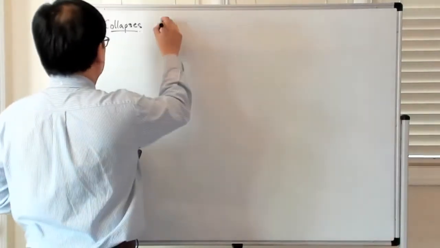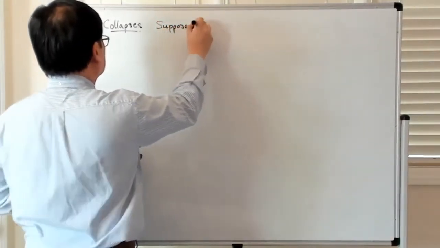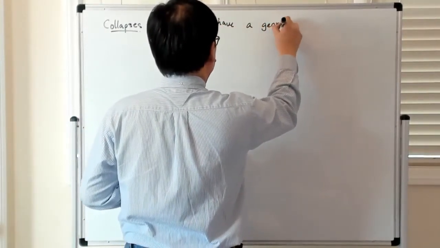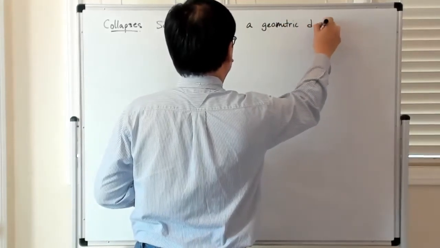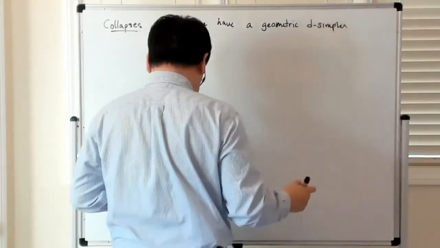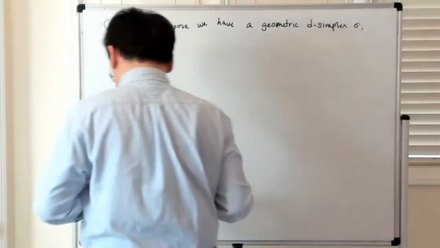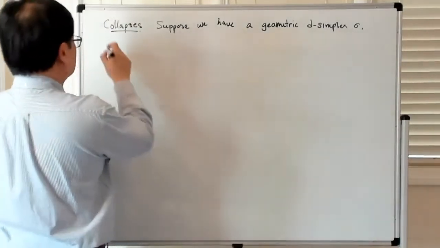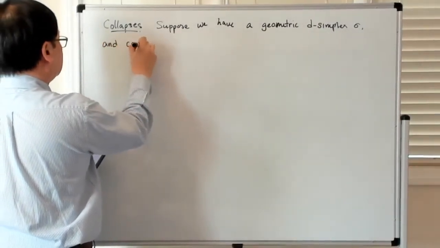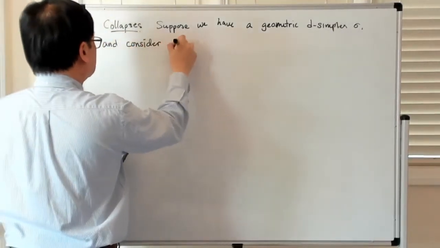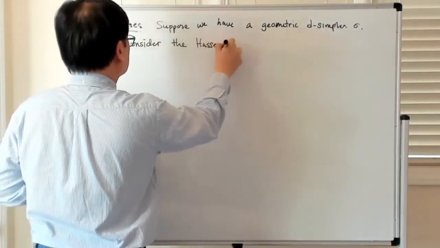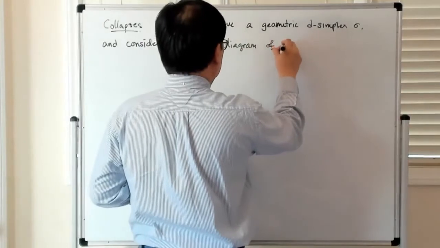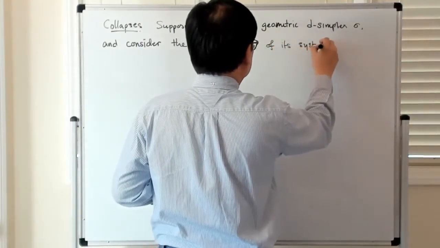Okay, so let's suppose that we have a geometric D simplex. Let's call that sigma, right? And then we consider this Hasse diagram corresponding to all of its faces, its system of faces.